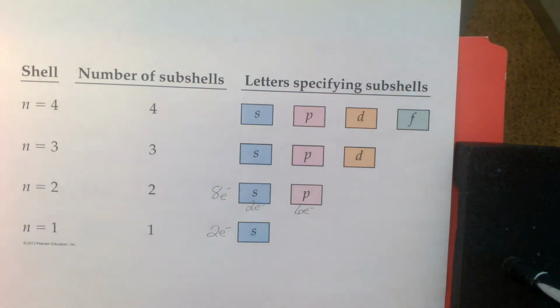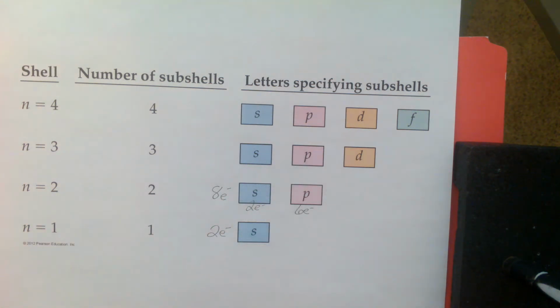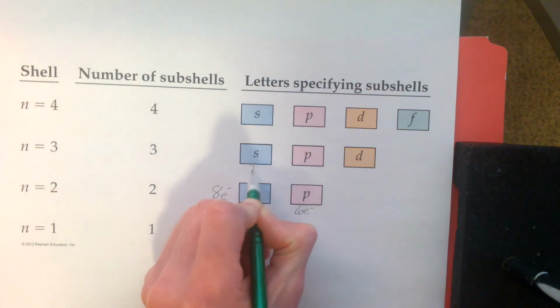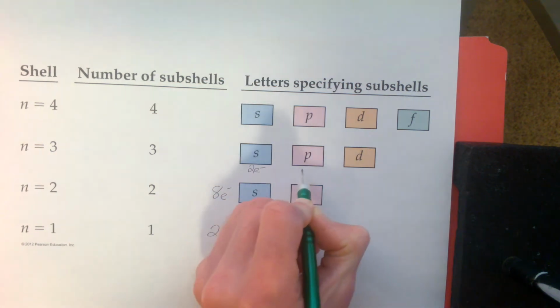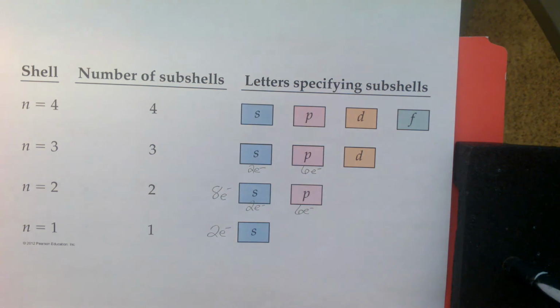Then when we reference the third energy level, the third shell away from the nucleus, we find the S, the P, and the D orbitals, those 3 subshell types. So the s again holds a maximum of 2 electrons. The 3 various P orbitals would hold a maximum of 6 total.